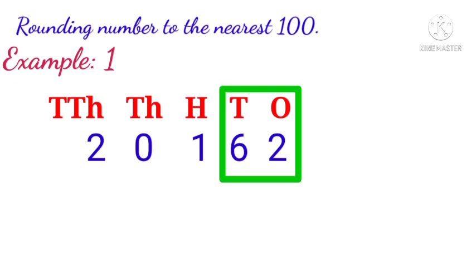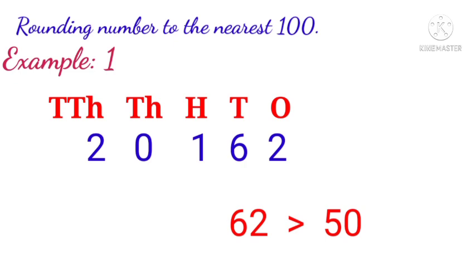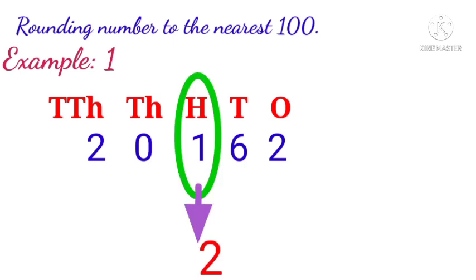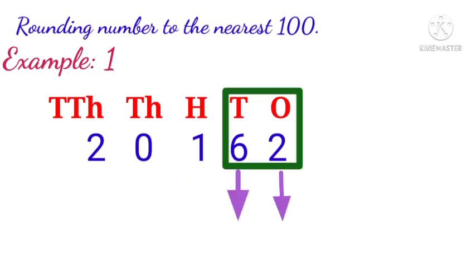Check the digits in tens and ones places. If it is 50 or more than 50, then the number is rounded to the next 100. That is, 62 is greater than 50. So, hundreds place will become 2, tens and ones places will become 0.